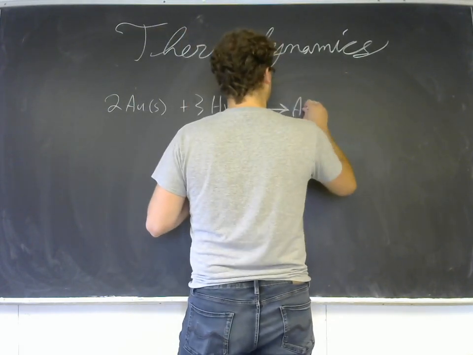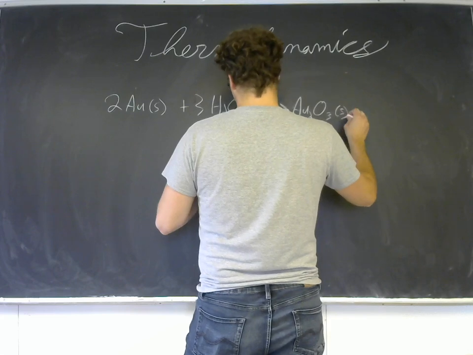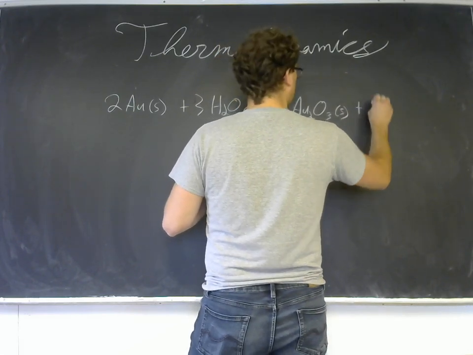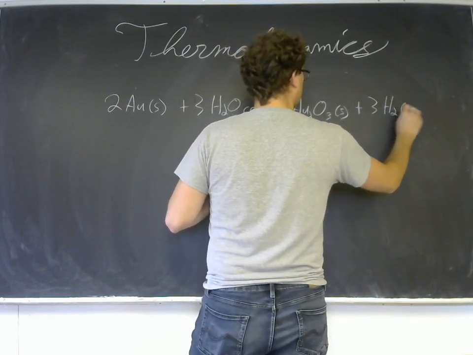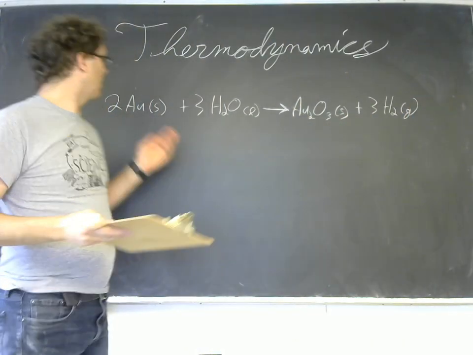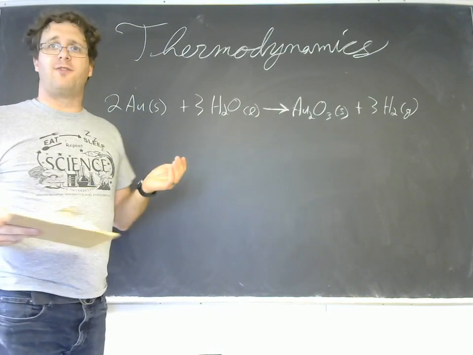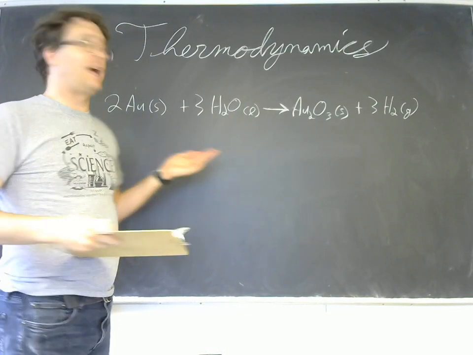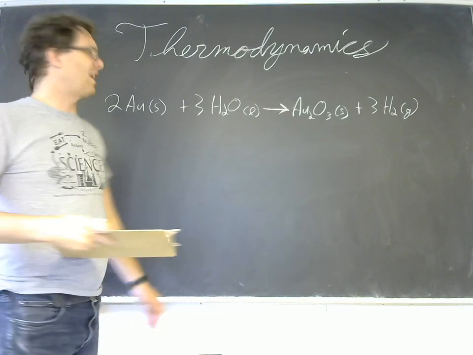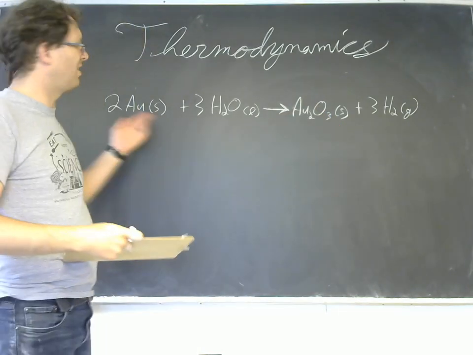Au2O3 solid plus 3H2 gas. There we are. This is a chemical equation. It's balanced. I could find out the enthalpy of reaction for this equation. I could calculate the grams of product that you might expect based on amounts of reactants.